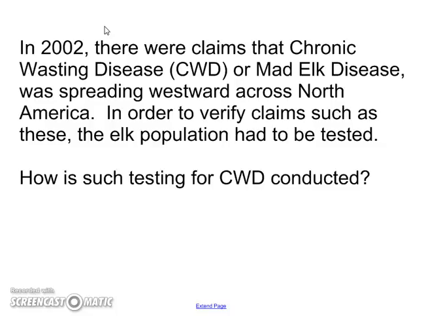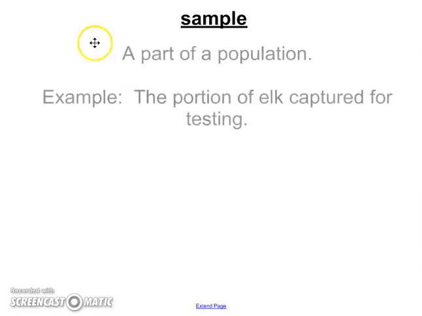And so, in this particular case, we're going to get into some of the ways that we have to compare data, collect data, and whether we have things like bias and so on that are thrown in. So we're going to be talking around this idea of chronic wasting disease and mad elk disease in our population in North America.